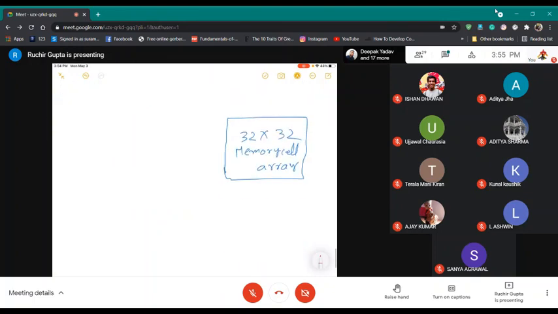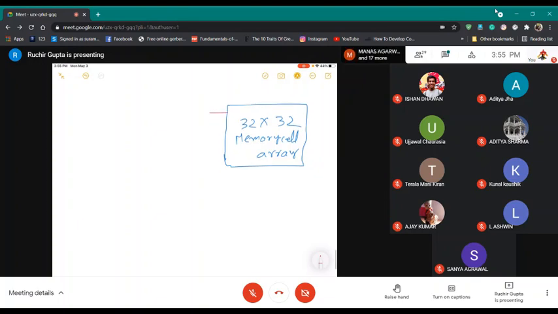So such a 32 cross 32 memory cell array is there. Because it's 32, we have to have 32 lines here. So it will start from W0 and it will go till W31. And of course, there will be a memory decoder.